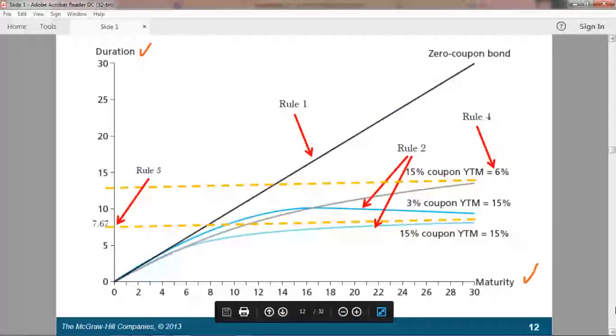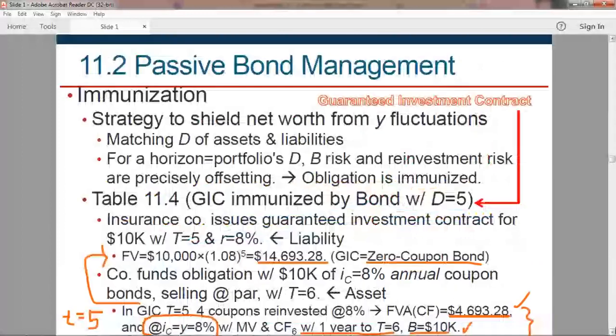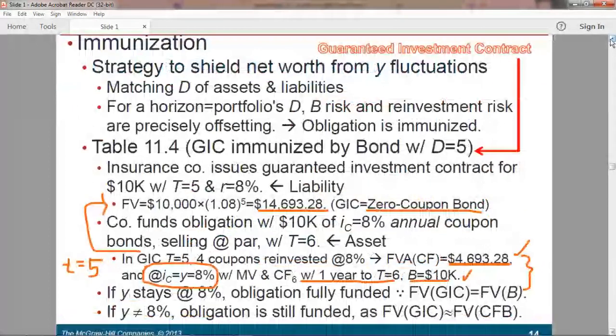Now we come to immunization. What's immunization? You take a shot to immunize yourself. So what is immunization in terms of bonds? In the case of bonds, immunization is matching.